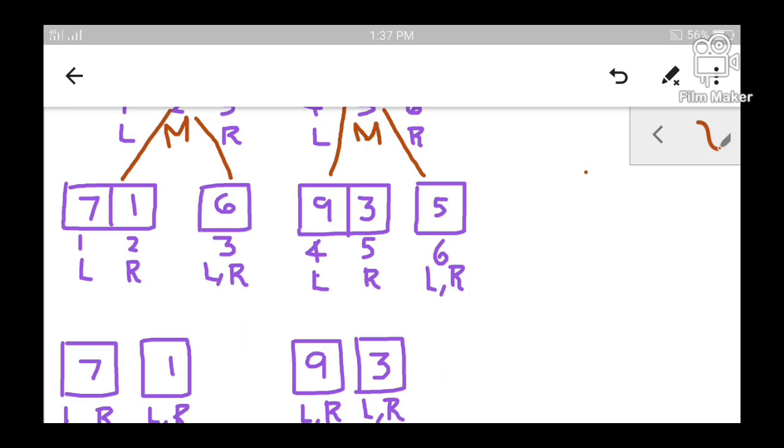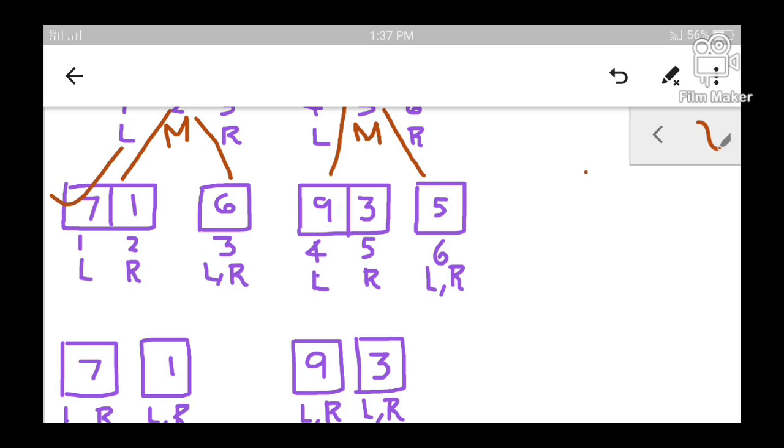The fourth array is small enough, having only 1 element, so it does not require any division. So out of these 4 arrays, this array and this array should not be further divided, but these 2 arrays need to be divided further.